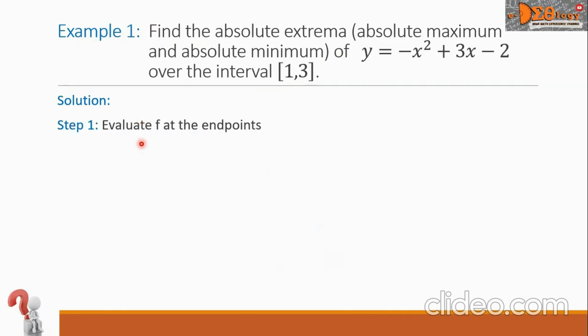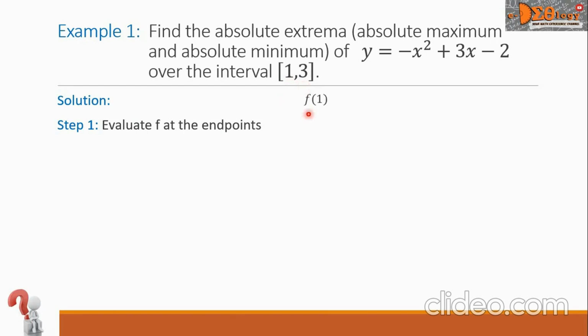For our solution, let us do step 1, and that is to evaluate the function f at the endpoints. The endpoints are the end numbers of the interval, and these are the 1 and 3.